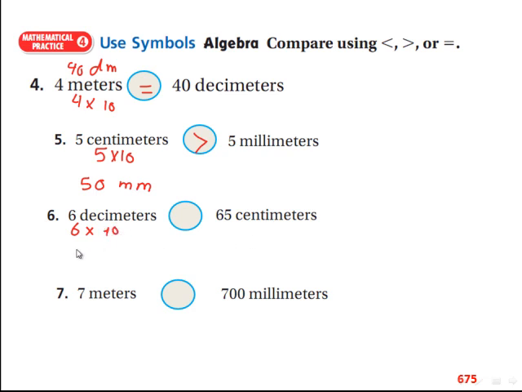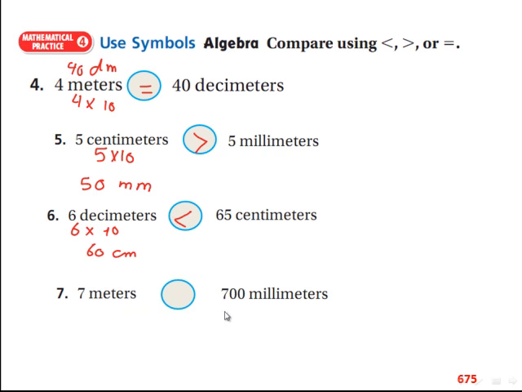Exactly 10. So 6 multiplied 10. So 6 by 10 equals 60 centimeter, cm. Now, which is greater? 60 centimeter or 65 centimeter? Exactly 65 centimeter.